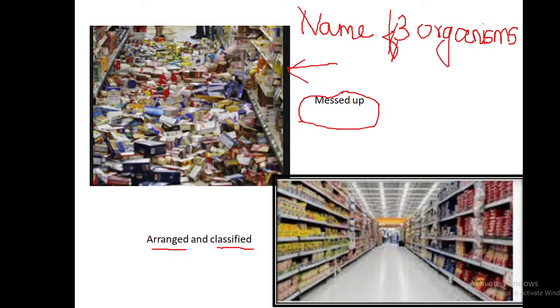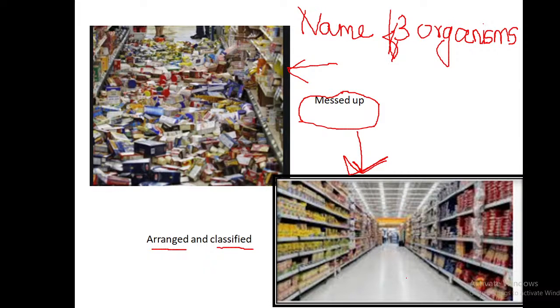You have said different types of animals. In the list you gave, each person mentioned different animals. So in taxonomy, what we do is, from a simply messed up condition, you are coming to an arranged condition.